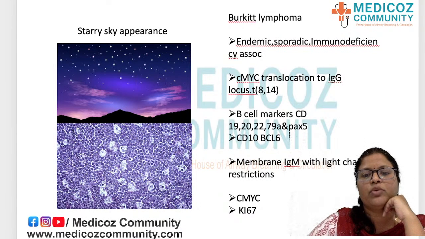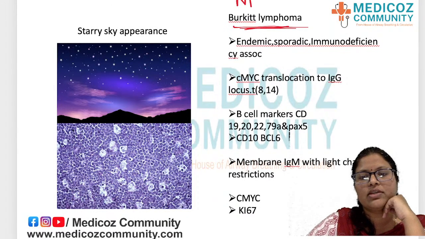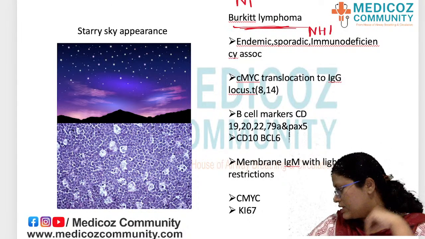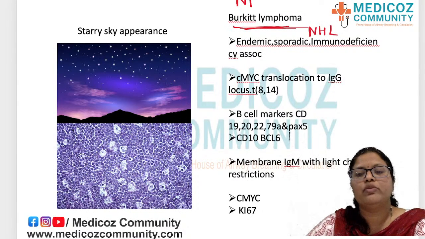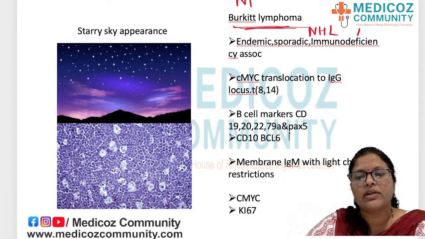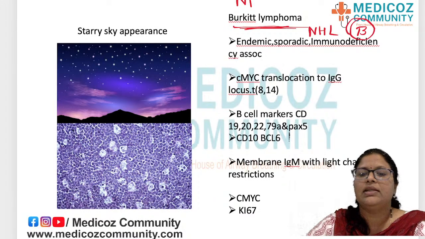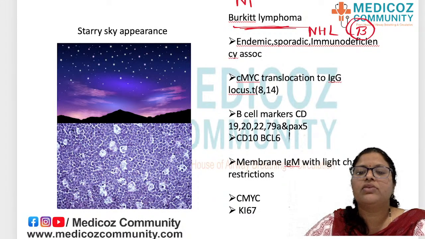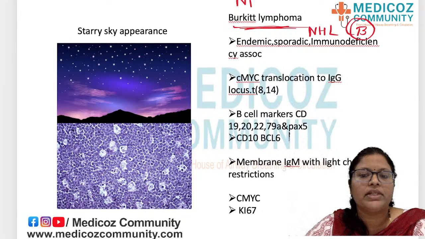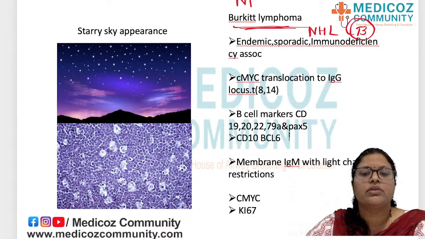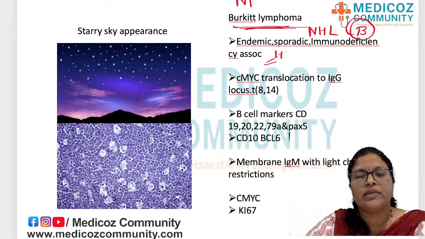And something more about Burkitt's lymphoma. Burkitt's lymphoma, you all know, is a non-Hodgkin's lymphoma, and this non-Hodgkin's lymphoma is a B-cell lymphoma, right? It occurs in 3 forms. It can either be endemic, sporadic, or immunodeficiency associated, like it can be associated with HIV.